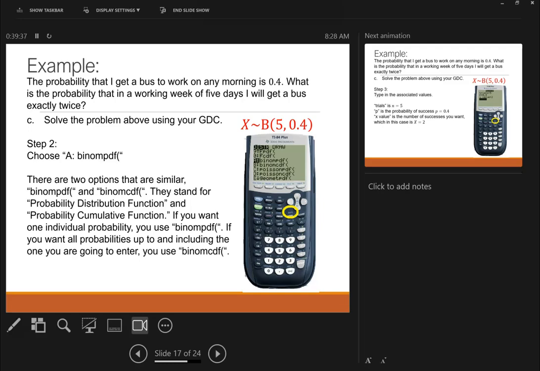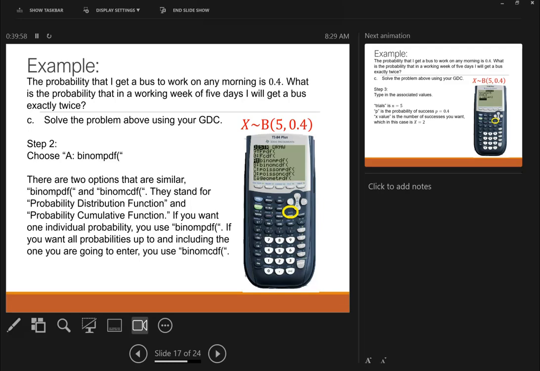There's binomial PDF and binomial CDF. Here's how you know which one you need. If you're doing a probability that x is equal to r, that is PDF.